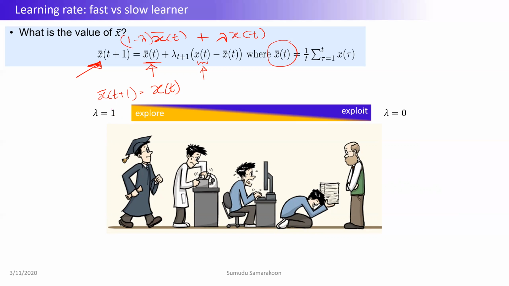In the other extreme, when lambda goes to 0, our x bar t plus 1 is going to be simply x bar t, right? That means we always neglect this information. So basically, what does it mean?